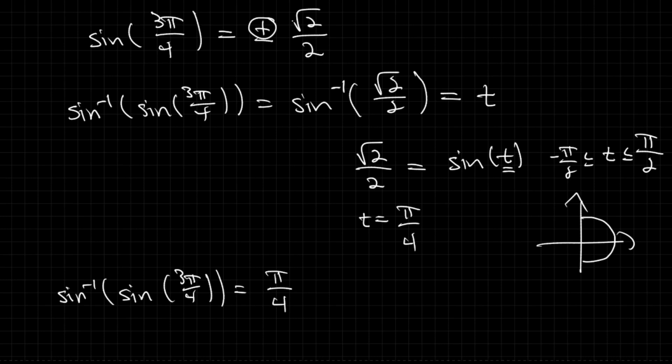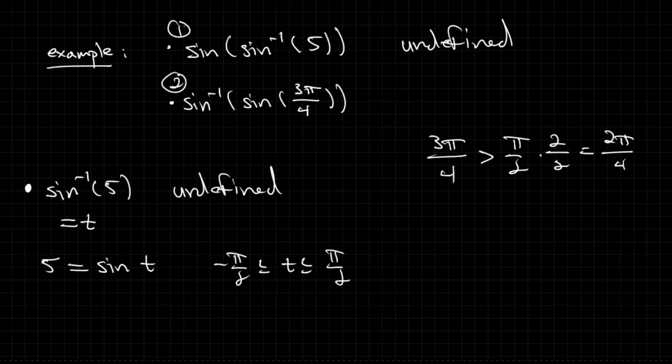And the subtle point here is that when you're in this first scenario and you're doing sine of sine inverse, but it could be cosine of cosine inverse as well, and you end up with some number that's not in the domain of the inverse trigonometric function, you get something that's undefined.